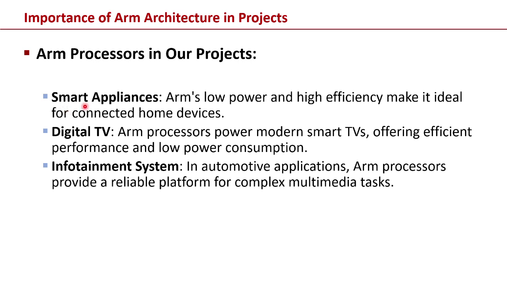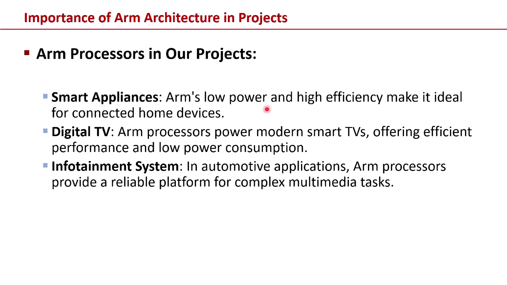In the case of smart appliances, you can identify that many of them run on the ARM processor, because the biggest feature of the ARM processor is that it guarantees good performance with lower power and high efficiency.